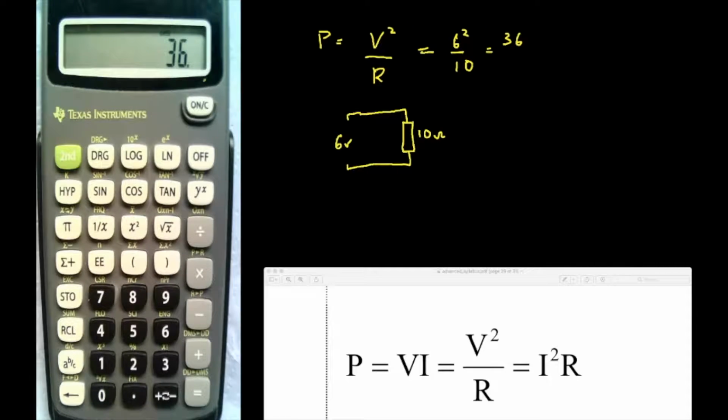Now we need to divide it by 10, equals 3.6 watts. So that's used the formula V squared over R to give us our power.